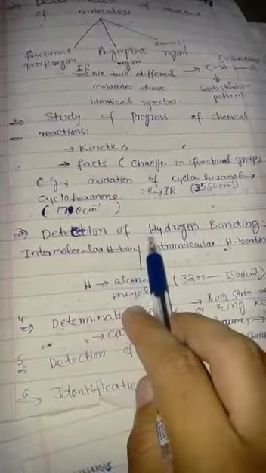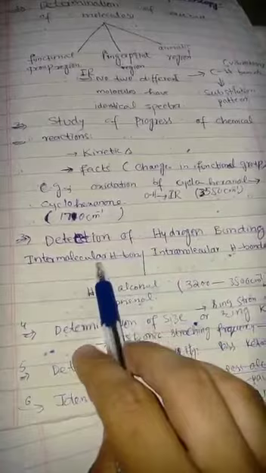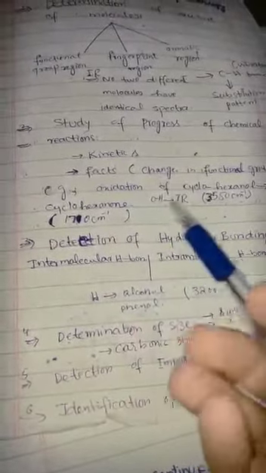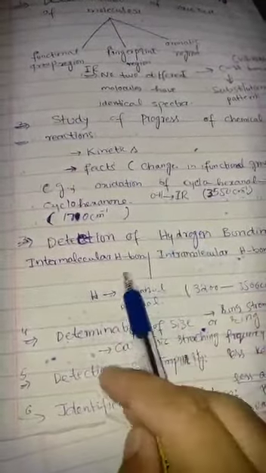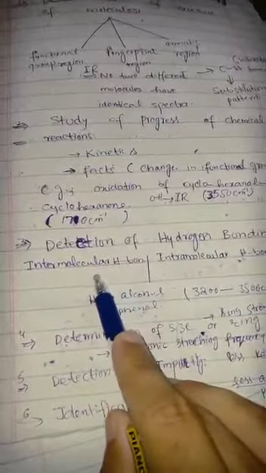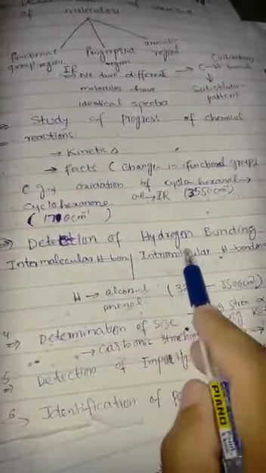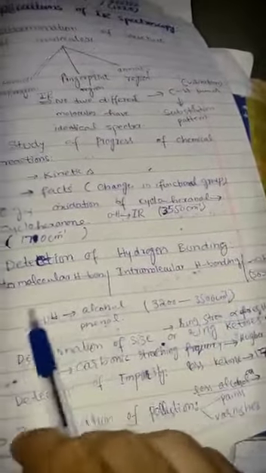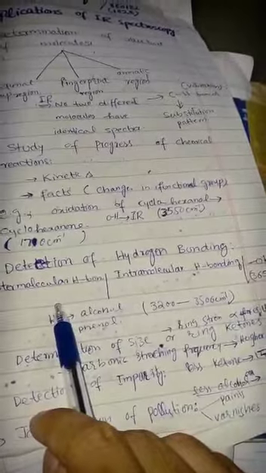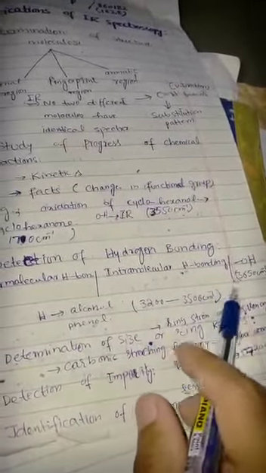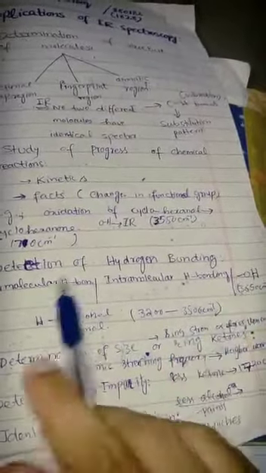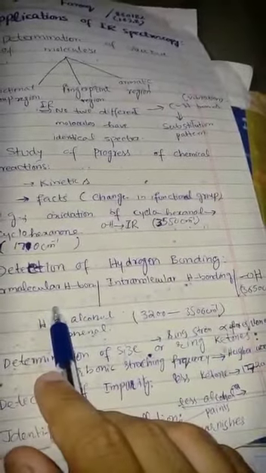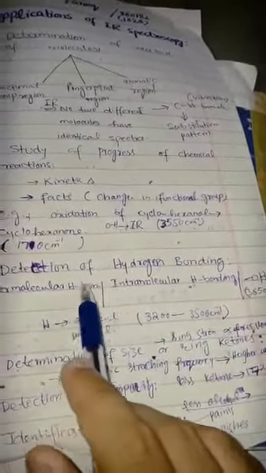Number three application is the detection of hydrogen bonding. We can also detect the hydrogen bonding by IR spectra. So we can differentiate intermolecular hydrogen bonding, intramolecular hydrogen bonding and OH stretches. In intermolecular hydrogen bonding the OH stretches are very high when we dissolve it in a protic solvent.